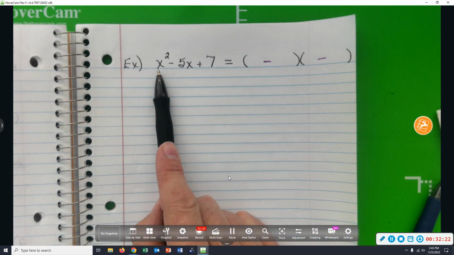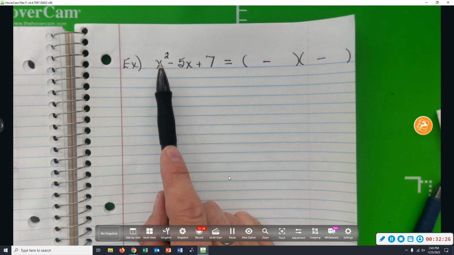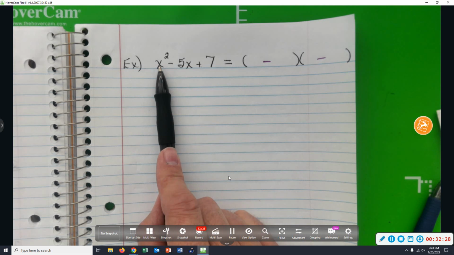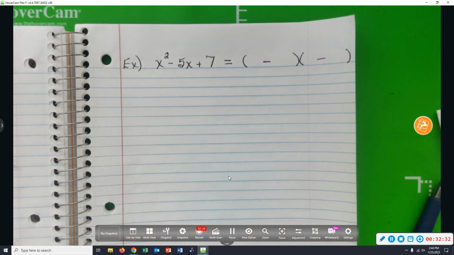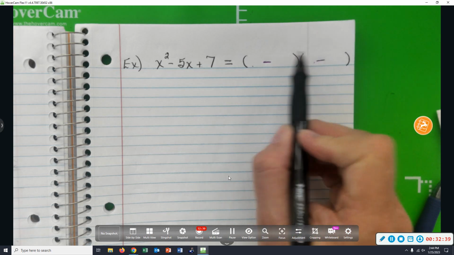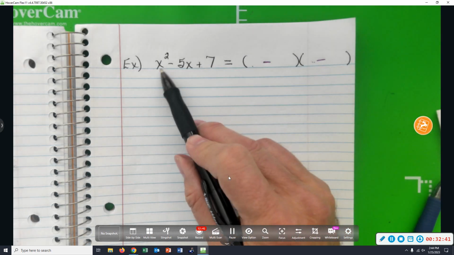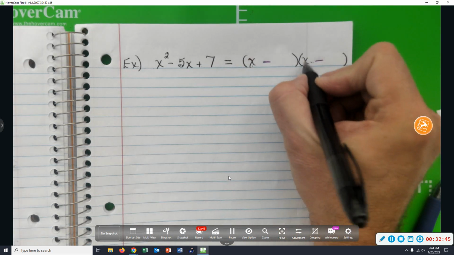This trinomial is called a simple trinomial because there's not a number in front of the x squared. Those are generally easier to factor if they can be factored. Since there's not a number there, what would I need to put here and here so that when I FOIL it out, I get x squared? X and x.